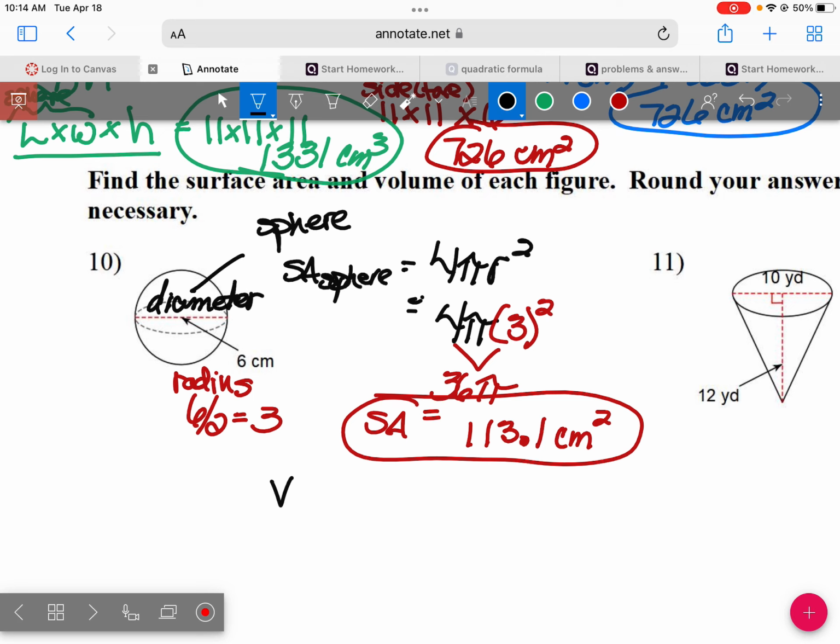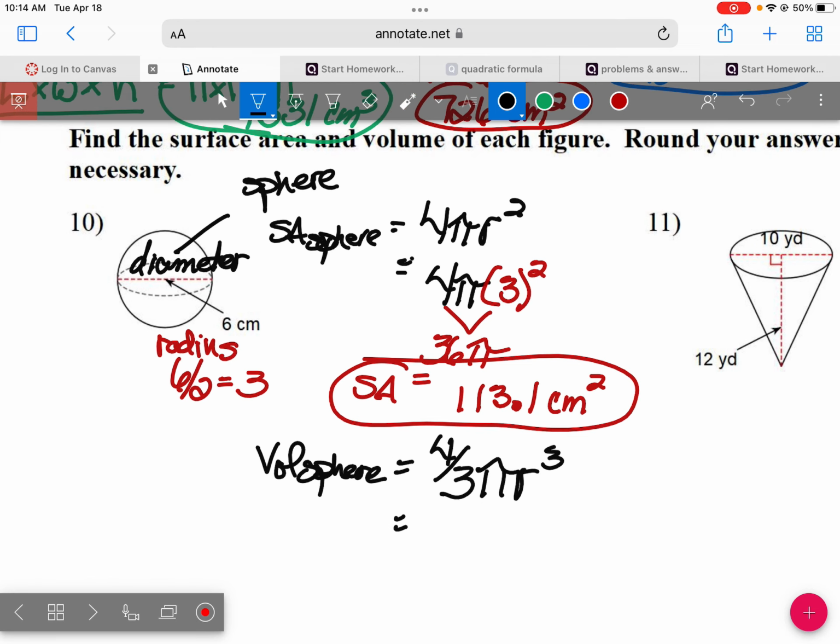Volume of a sphere is 4/3 pi r cubed. So the r cubed goes with the volume. R squared goes with the surface area. So substituting values in, 4/3 times pi times my radius, which is still 3, to the third power. Does everybody know how to do 3 to the third power on the calculator?